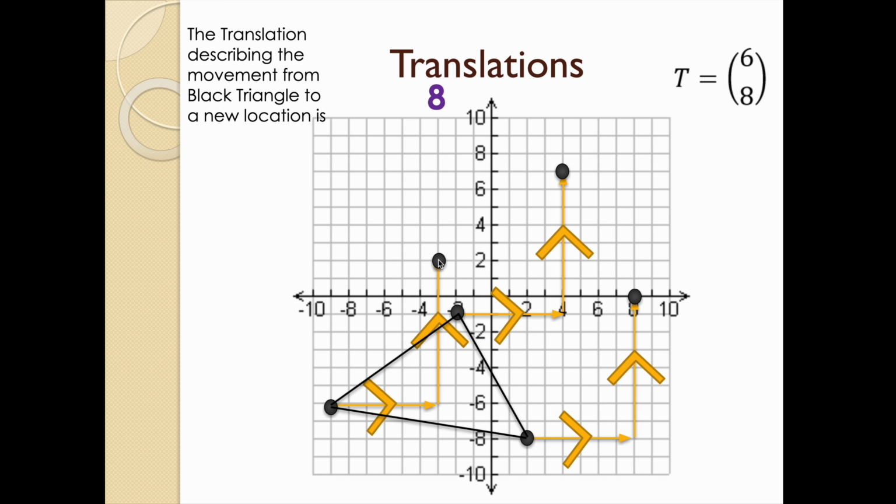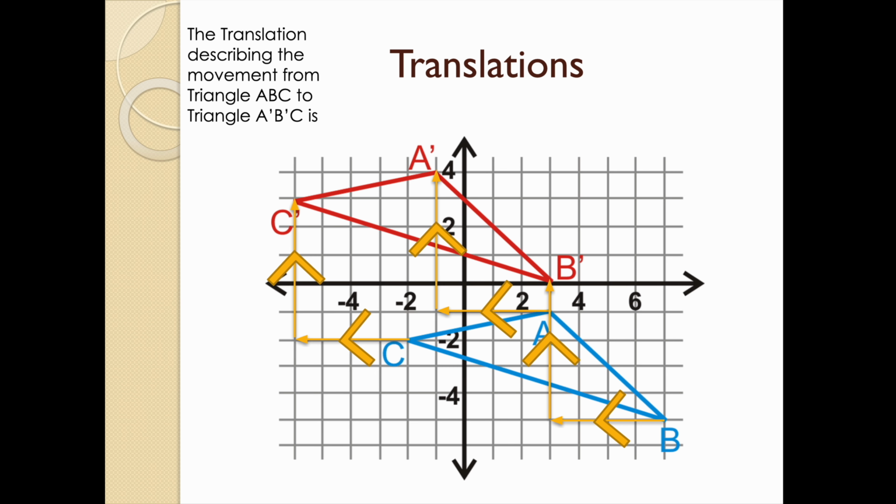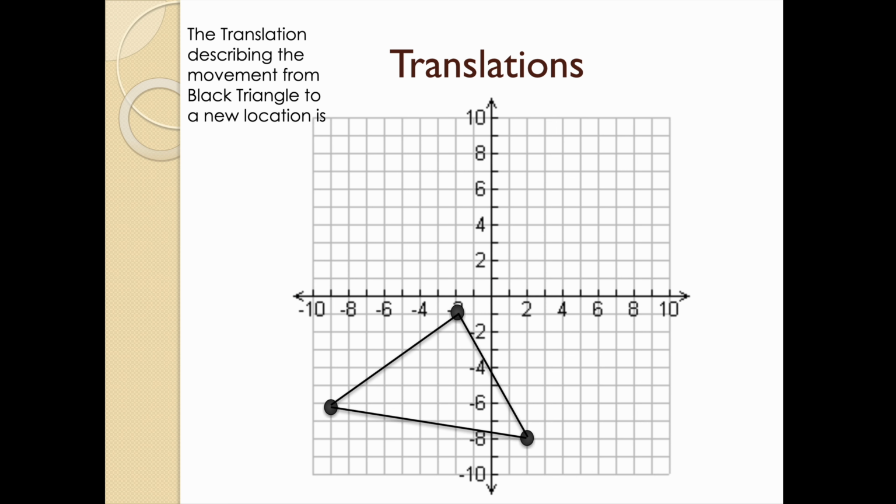And then we have this point here. Now that we have these 3 points, we can draw our shape. So therefore we would have our image here. Does that make sense? Yeah. So we basically did 2 forms of how translations could come. They could ask you to draw a translation, or they could ask you to determine what the translation vector is.